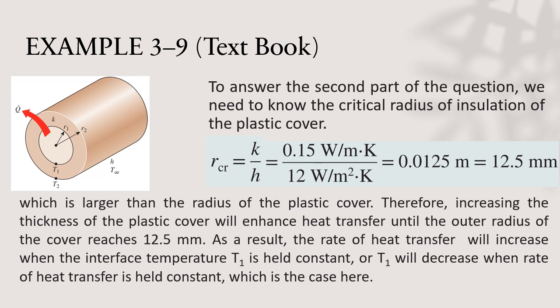If we want to insulate the heat from going outside, then we have to have an insulation radius bigger than 12.5 millimeters, or bigger than the critical radius of insulation.